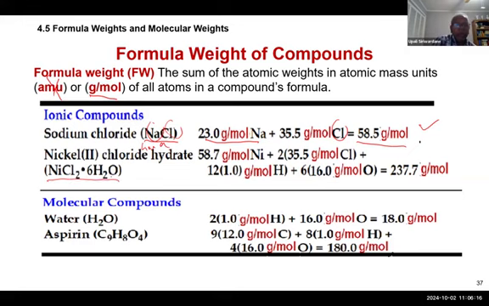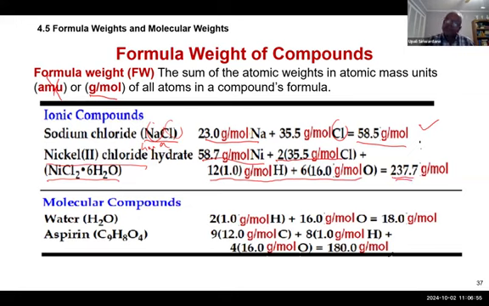Nickel has, this is the formula of the compound, a variable charge cation. Nickel can be nickel 2 or nickel 3. You add up one nickel atom, two chlorides and 6 water molecules. You calculate the formula mass.